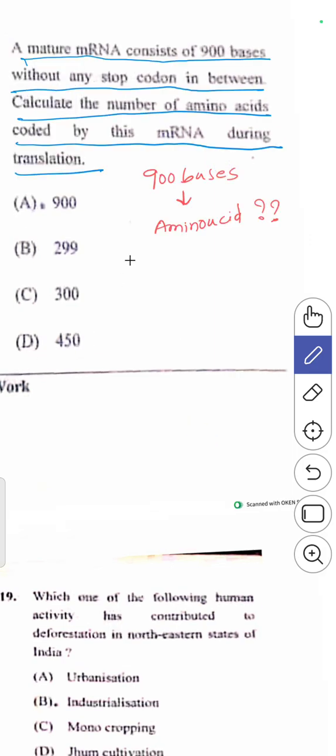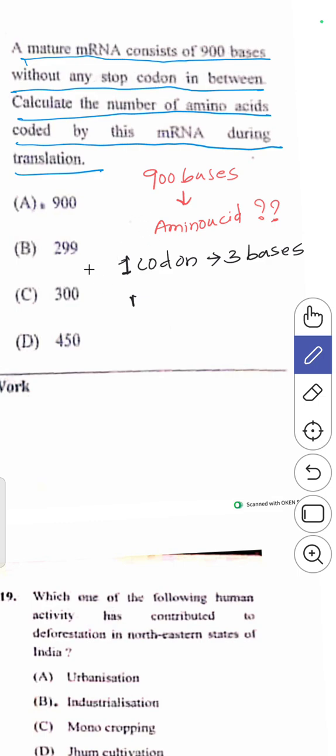As we all know, in a single codon you will come across three bases. A single codon has three bases.